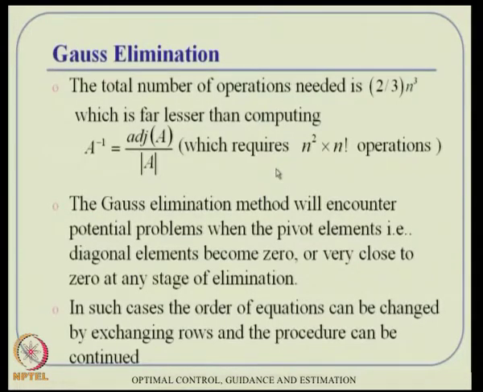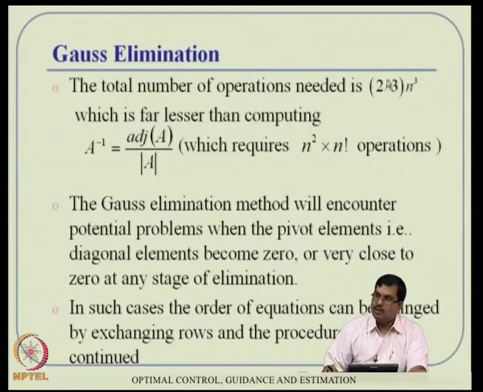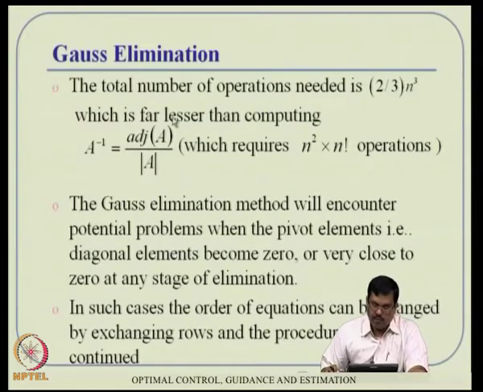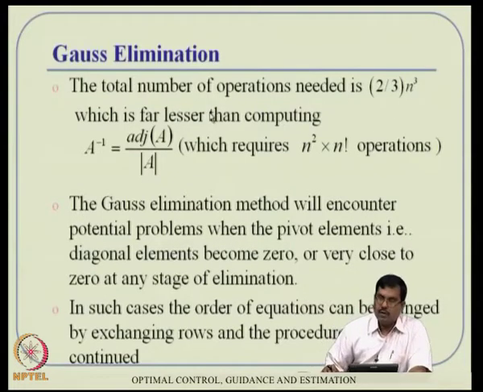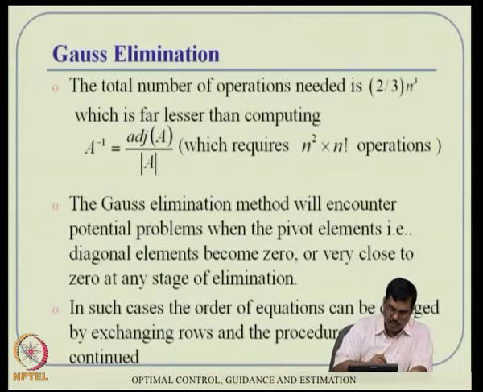And now Gauss elimination makes the n factorial operations reduce to just this much operation. This is actually going from a very high computational thing to a very low computational thing. Remember n cubed is nothing but simply n times n square, not n factorial, which is a lot of computation really. So obviously it leads to far less computation, and hence it is preferred, especially in the MATLAB command window.